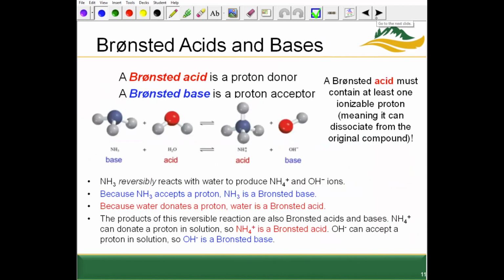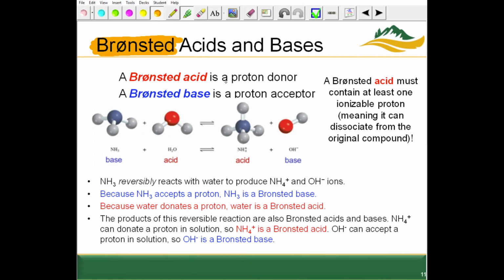So we just went through Arrhenius acids and Arrhenius bases. They had a very specific definition where Arrhenius acids will dissociate into H+ ions in solution, and Arrhenius bases dissociate into OH- ions in solution. Now we have another definition of how we can describe acids and bases. These are called Bronsted acids and bases, and their definition is a little bit different.